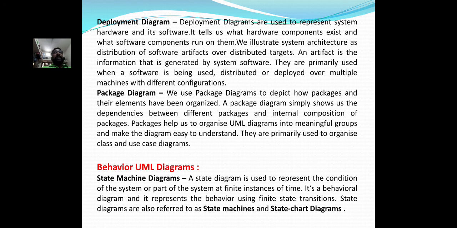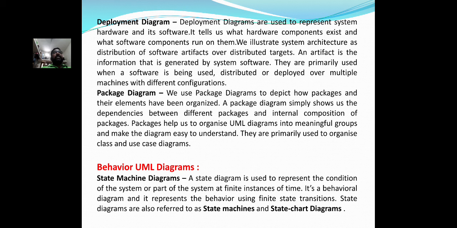The next, deployment diagram. Deployment diagrams are used to represent system hardware and its software. It tells us what hardware components exist and what software components run on them. We illustrate system architecture as distribution of software artifacts over distributed targets.